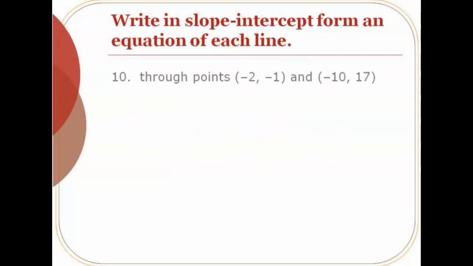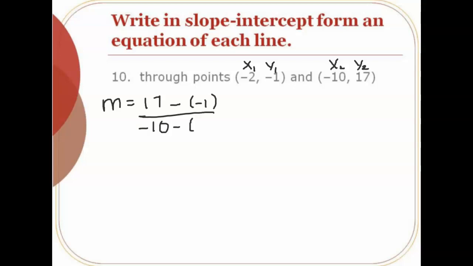And then in 10, same idea. Find your slope using x1 and y1, x2 and y2. So 17 minus a negative 1 over negative 10 minus a negative 2.